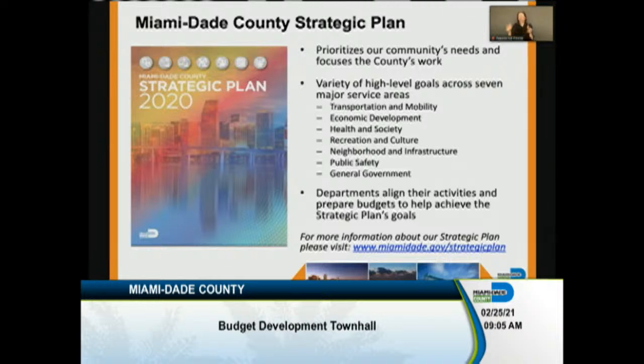Recreation and culture includes parks, libraries, and cultural affairs. Neighborhood and infrastructure includes water and sewer, solid waste, and animal services. Public safety includes police, fire, and corrections. General government includes supporting departments such as elections, information technology, finance, and the Inspector General.